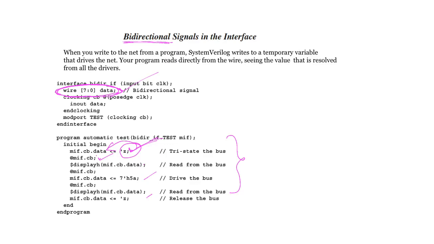So you are waiting for 1 clock cycle and afterwards you are displaying it. Okay, and there is a small mistake in this one, this is MIF. Okay, the output block.